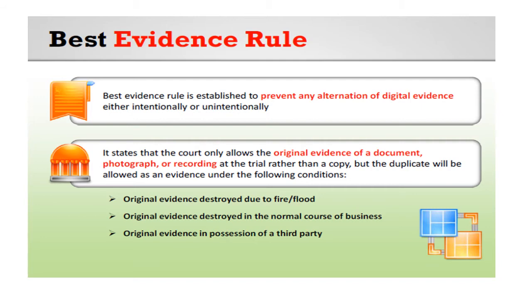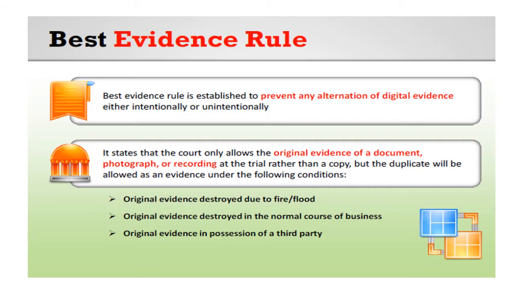The best evidence rule states that the court only allows the original evidence of a document, a photograph, or recording at the trial rather than a copy. But the duplicate will be allowed as evidence under the following conditions.